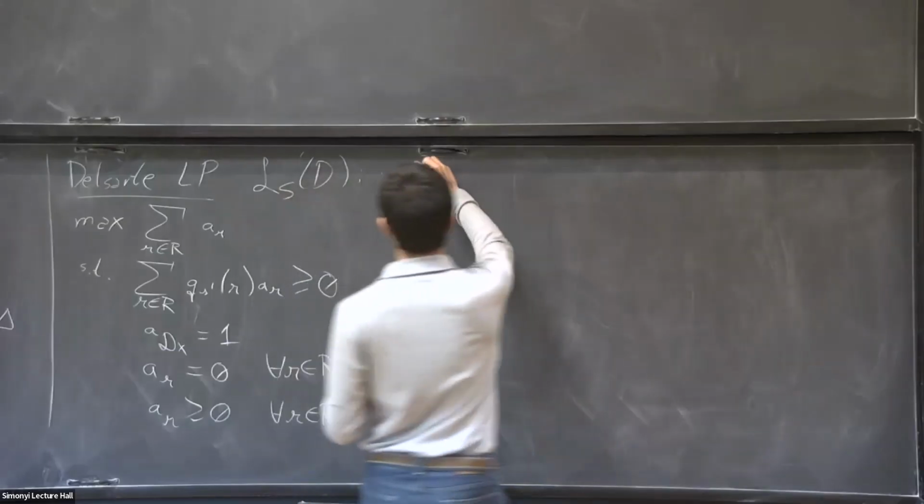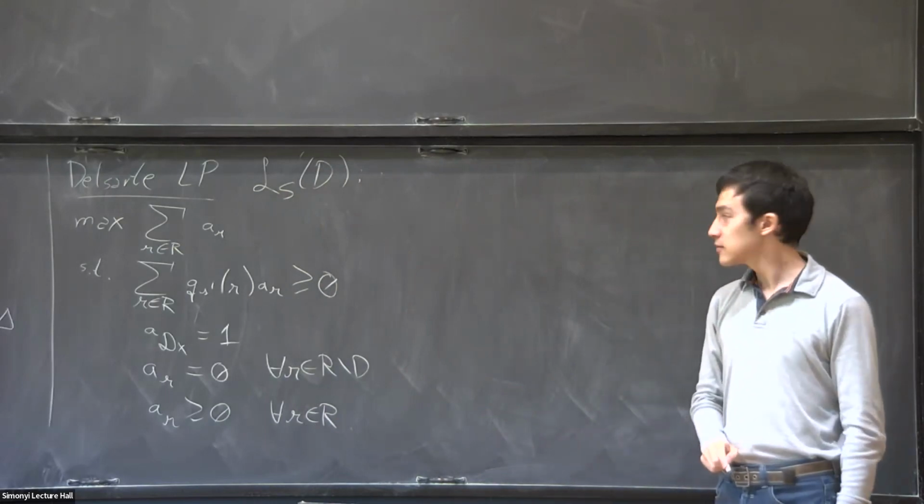The sum of the A_R's is the size of the code.